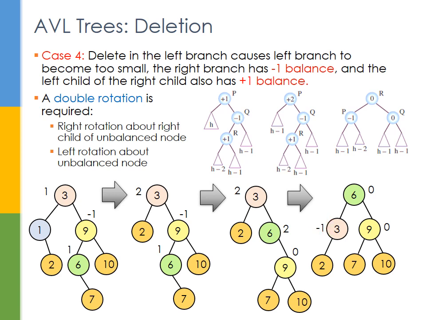We see that the right child of the unbalanced node had a balance factor of -1, and that is updated to 0 after the 2 rotations have been performed. And then we have the left child of the right child of the unbalanced node, which had a balance factor of 1, that is now updated to 0.